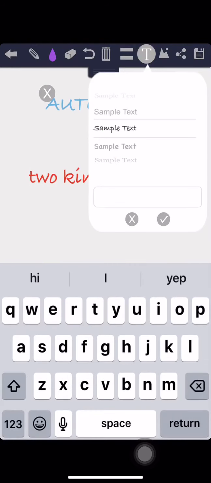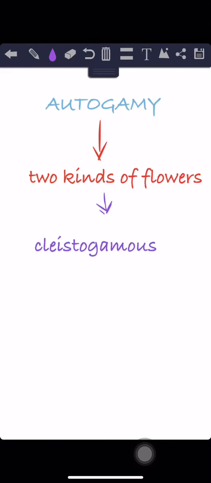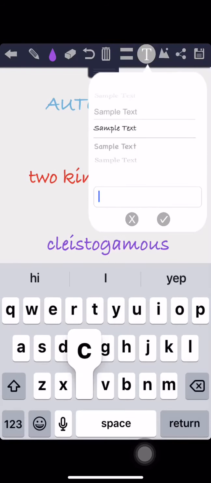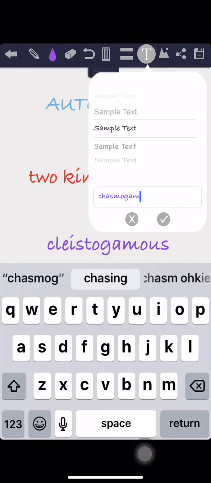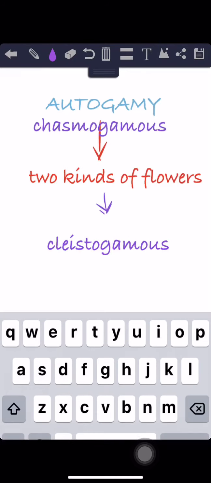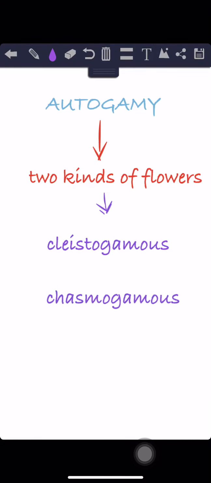first cleistogamous, and second chasmogamous.